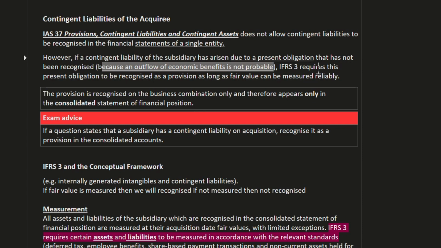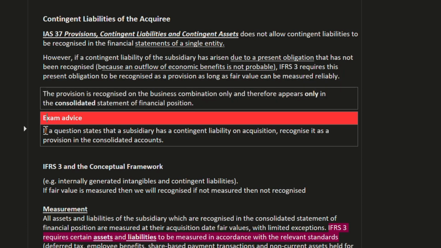IFRS 3 requires this present obligation to be recorded as a provision as long as fair value can be measured reliably. The provision is recognized on the business combination only and therefore appears only in the consolidated statement of financial position.